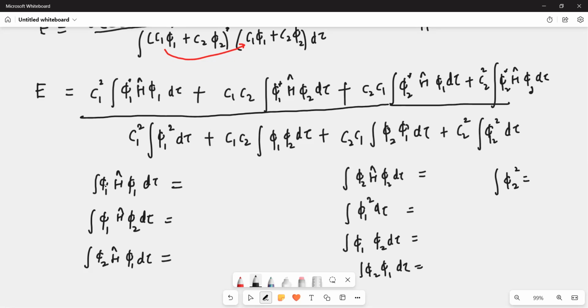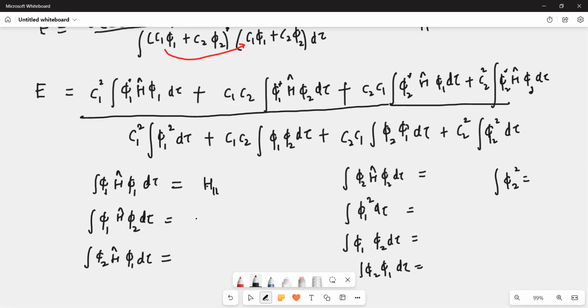Okay, so students, the first integral is given the notation or nomenclature H11, because here we have a Hamiltonian in between, so we represent it with H, and because the wave functions belong to the first nucleus only, so it is H11.